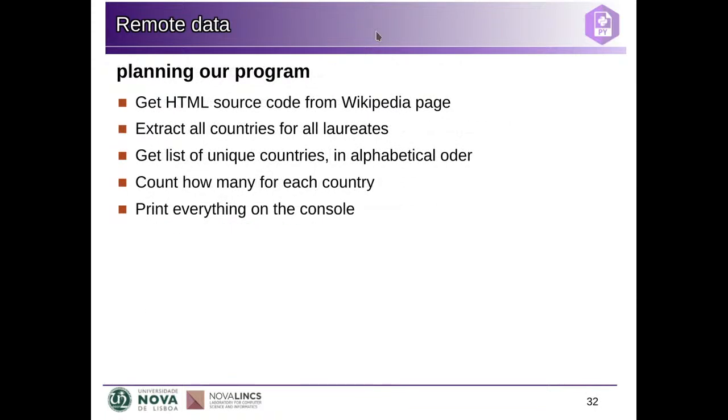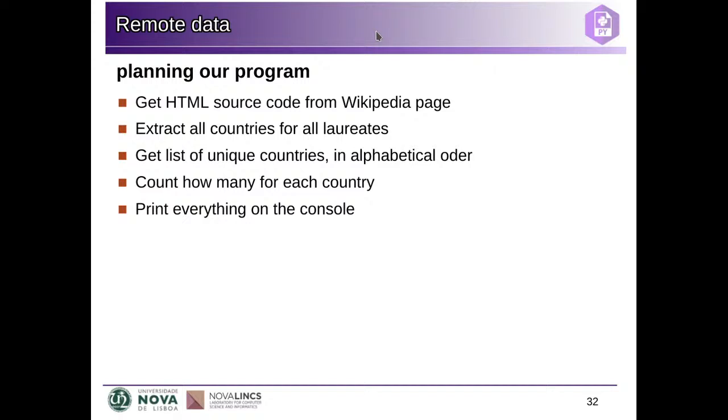We're going to start by planning our program. We're going to get the page from Wikipedia, so the HTML source. We're going to extract all countries for the list of Nobel Prize winners, but some countries will come many times, because there were several people from those countries winning Nobel Prizes in different years.